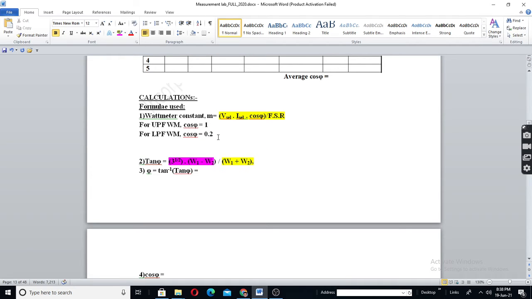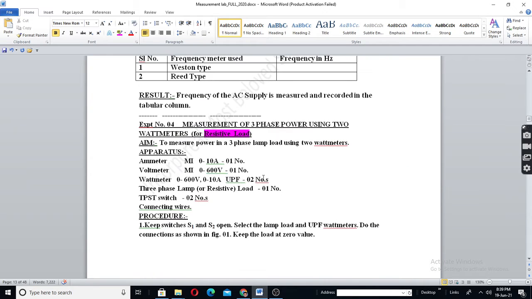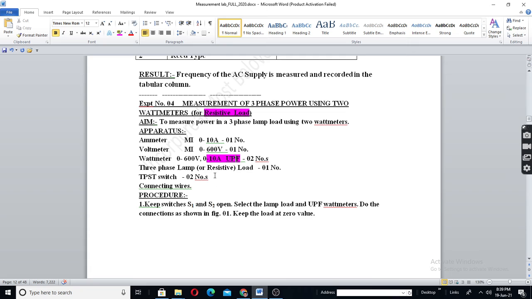See, for UPF wattmeter, cos phi is 1. Here you have to write 1. UPF means unity power factor. For resistive load, you will use unity power factor wattmeter.